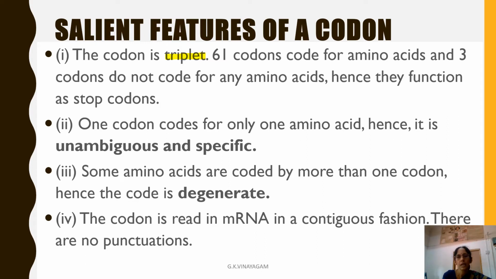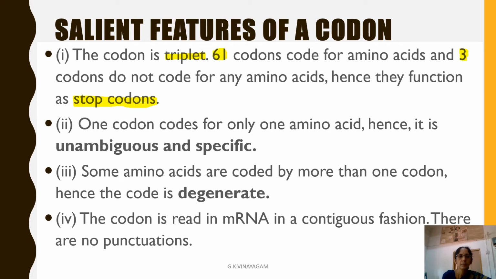Of these, 61 codons code for amino acids. But 3 codons cannot code for any amino acid. They are called stop codons, or nonsense codons. Which 3 are they? UAA, UAG and UGA. So the codon is a triplet.